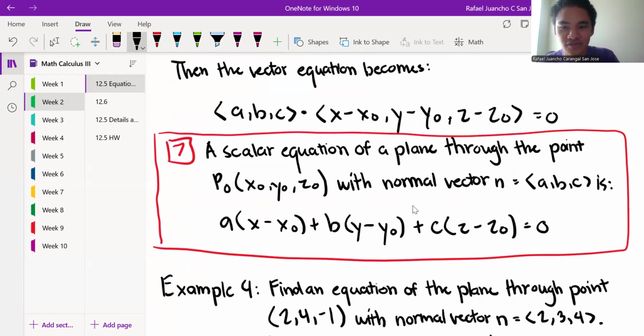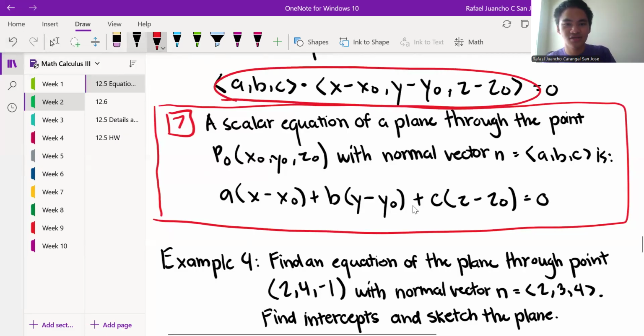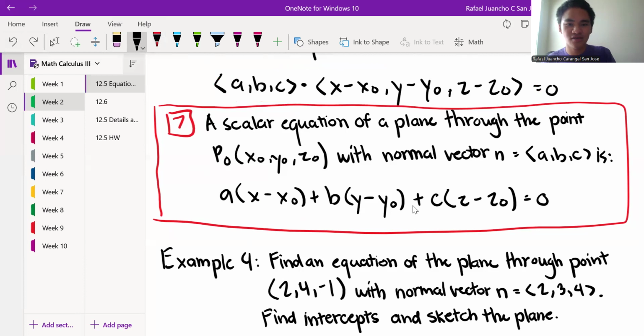And so a scalar equation would be to just multiply each of these numbers to this whole thing. Right? We just get the dot product of both of the vectors. So we get the dot product of these two vectors. So we can actually say, oh, we're multiplying a to x minus x naught. So this and this multiply, then add, because we're doing dot product. Same idea.